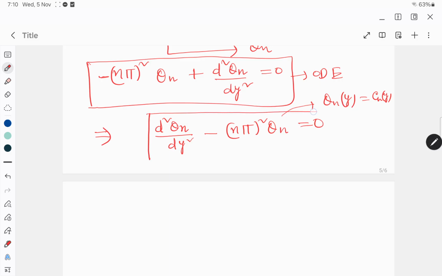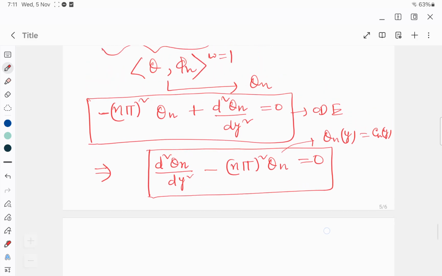So see the beauty of the finite Fourier transform: it has converted the partial differential equation to an ordinary differential equation. This is the thing that we must understand.